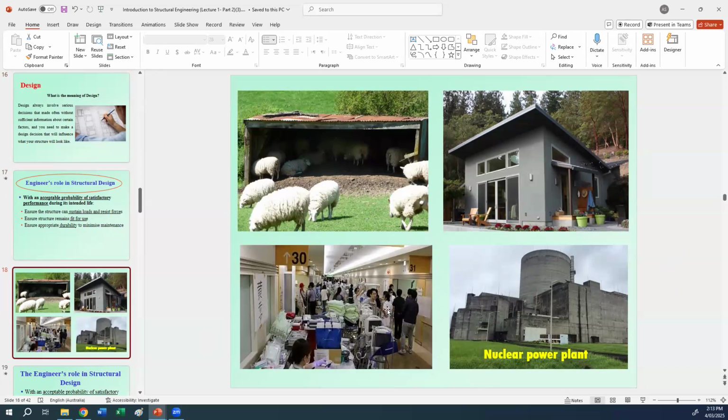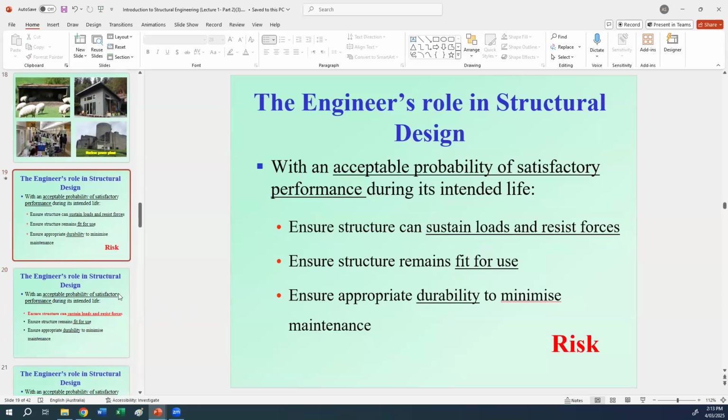So the hospital, which will cure the people who are affected by the earthquake, needs to stay stable and not be damaged or collapsed, to serve the people. So when you design a hospital, you need to increase the factor of safety or the margin of safety for this type of building. So this is just some thoughts about how the type of building affects the design process.